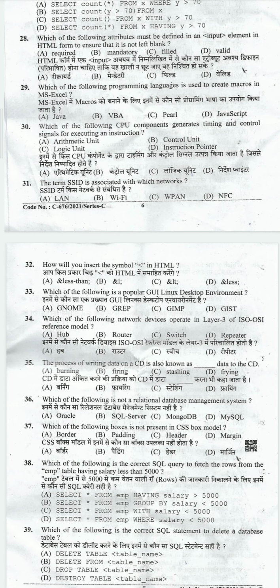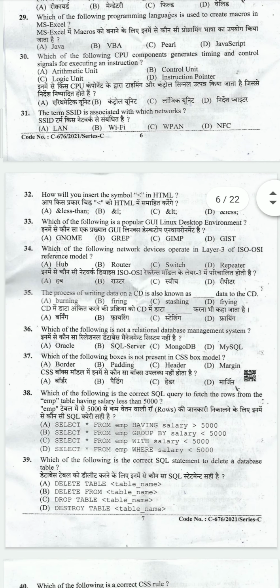Question 34. Which of the following network devices operate in layer 3 of ISO-OSI reference model? The answer to this question is option B, router. Question 35. The process of writing data on a CD is also known as fill in the blank, data to the CD. The answer to this question is option A, burning.